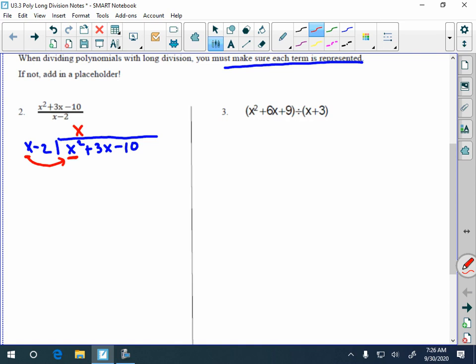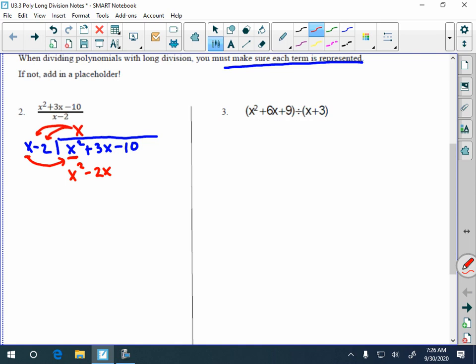Now we take the x and multiply, or distribute. We're distributing the x to both the x and the negative 2, and we're going to carry that underneath. So that becomes x squared minus 2x. Hopefully you see what I just did. I took the x on top and distributed it over x minus 2 and carried that underneath.